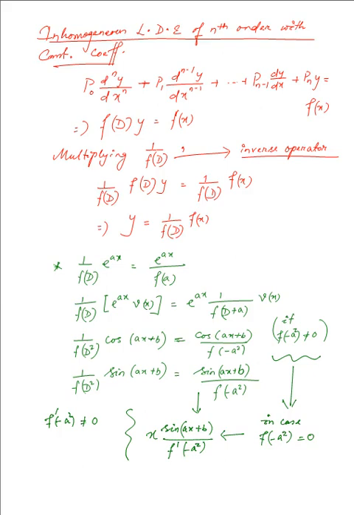So let me just write that. In case we have f prime of minus a squared, that is the derivative of that, to be equal to 0, then we'll have the solution to be of the form x squared sine (ax plus b), and because that's x squared, this will be f double primed of minus a squared, and it continues so on.